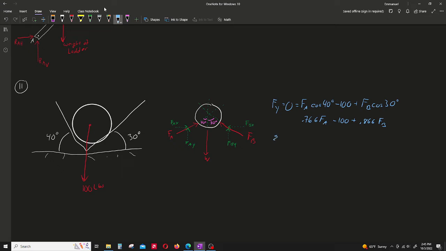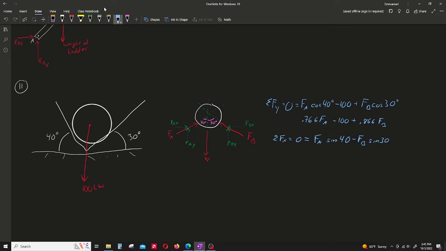And then if we do the same thing for the sum of all of our forces in the x direction, make them equal to 0 so that they are in equilibrium, and add them up, we get FA sine of 40 minus FB sine of 30.